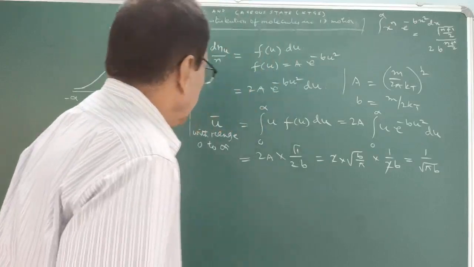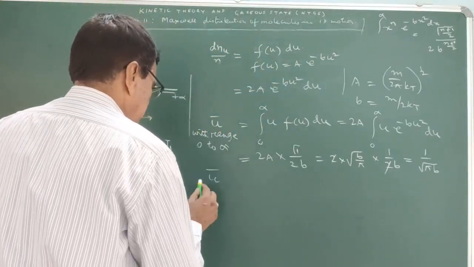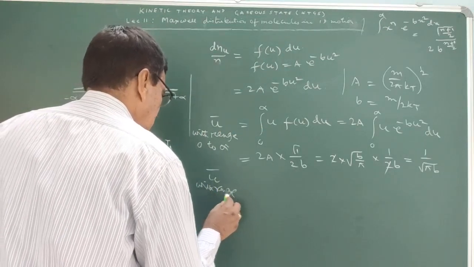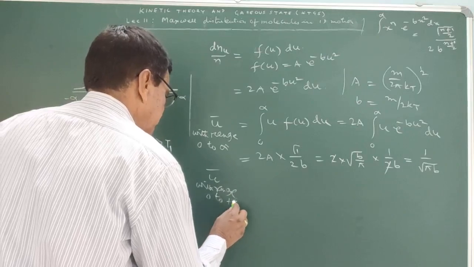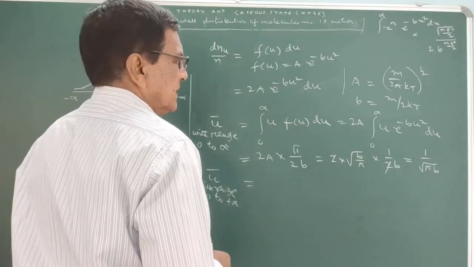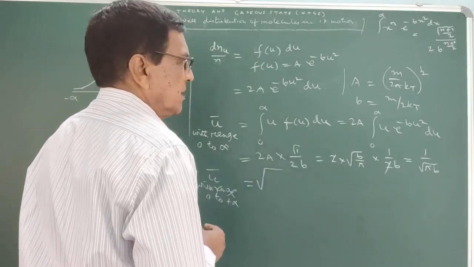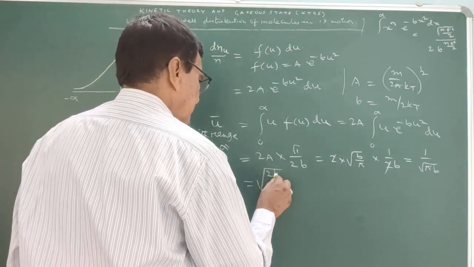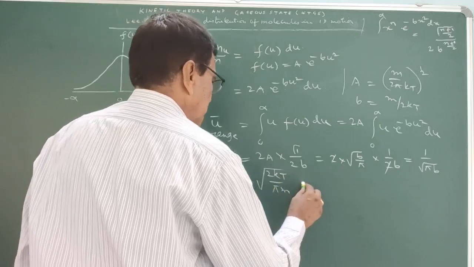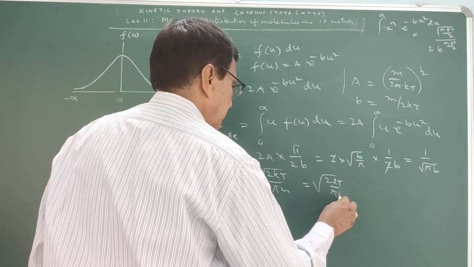Putting the value of b, this U bar with range 0 to plus infinity equal to root over of 2kT by pi m, or you can write this 2RT by pi M.